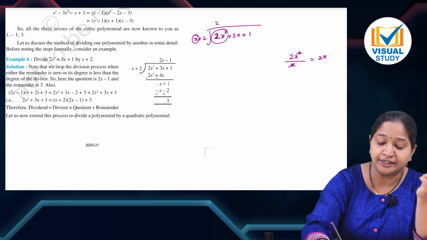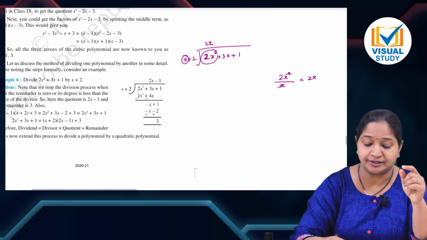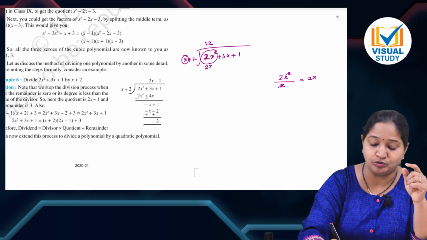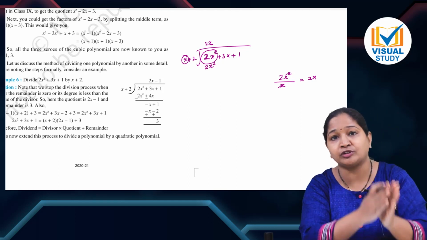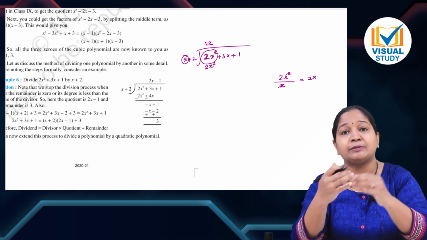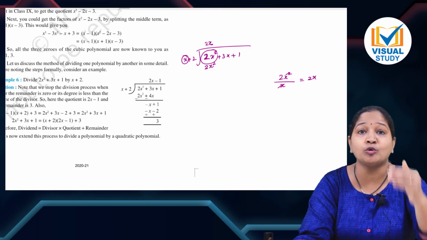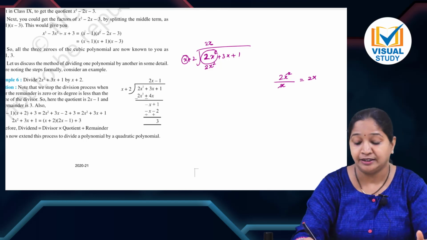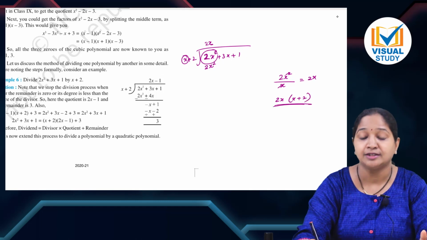So for getting 2x square, you have to multiply x into 2x, you get 2x square. But you don't have to multiply only for that x, you have to multiply by 2 also, because you are multiplying monomial by binomial. That means you are multiplying this 2x to x plus 2.